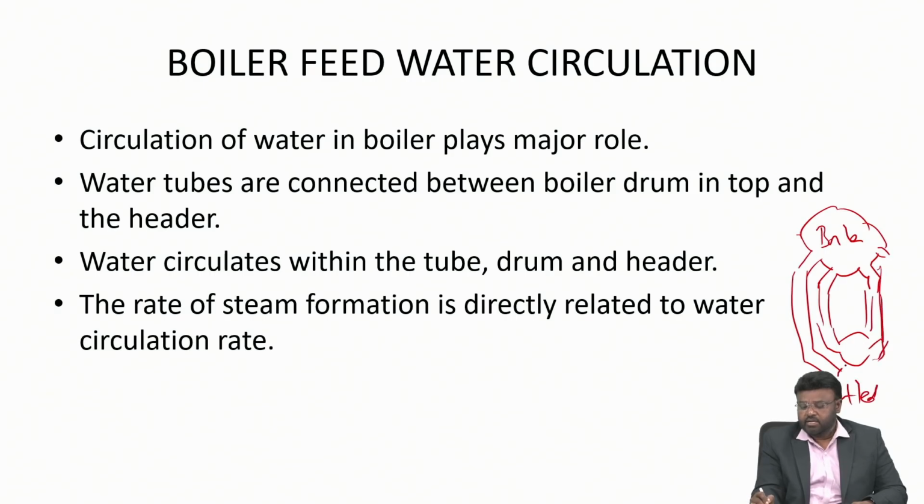This is the header. In this way these parallel lines are connected, and water is circulated within the tubes. These water droplets are coming and circulating like this, and the steam is converted and sent via these pipelines. For this purpose we have set up pipelines.